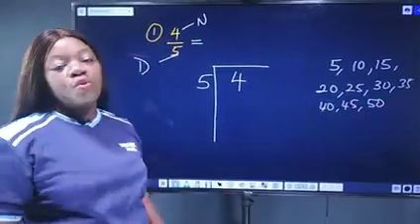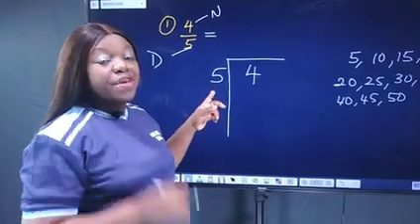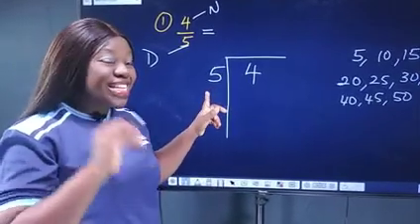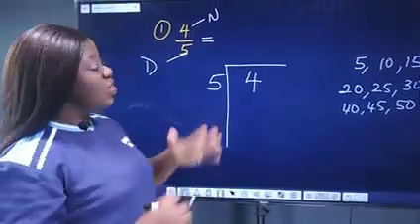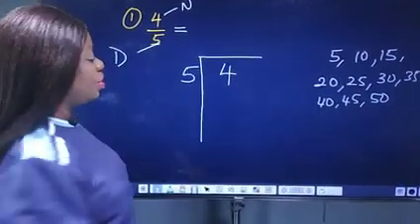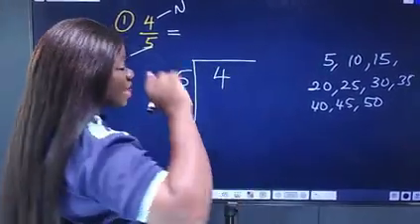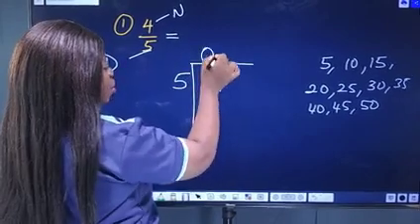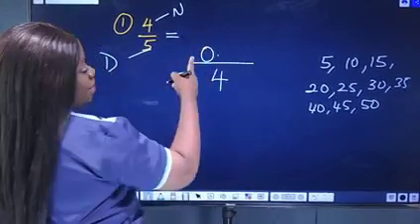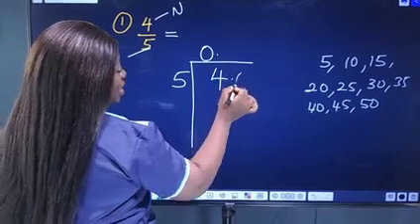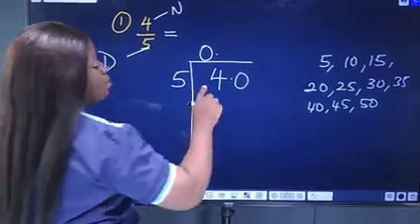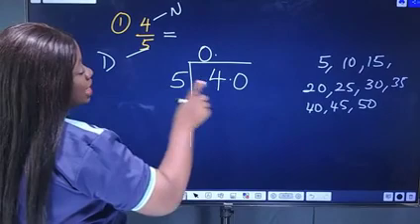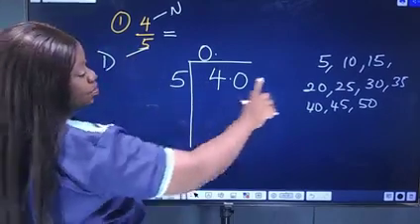If we need more, we'll keep counting in 5s because we are dividing by 5. Now this is the process of our division. Now 4 divided by 5 is impossible because 4 is less than 5. Write 0 point. After writing 0 point, add 0 to 4. That makes it 40.